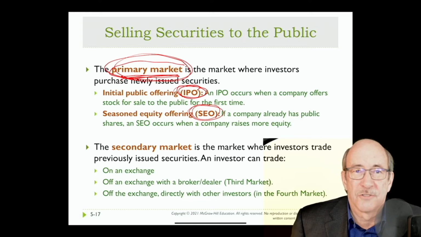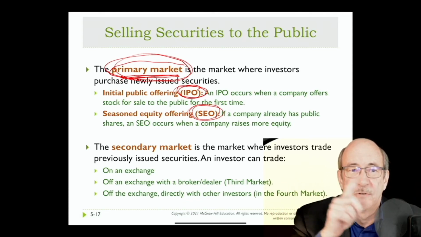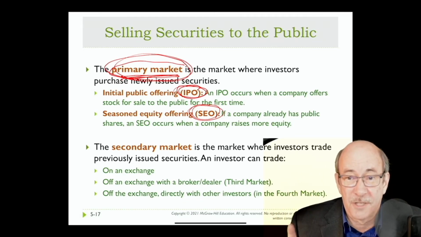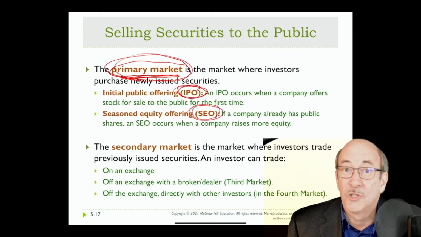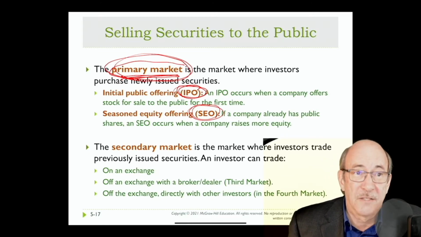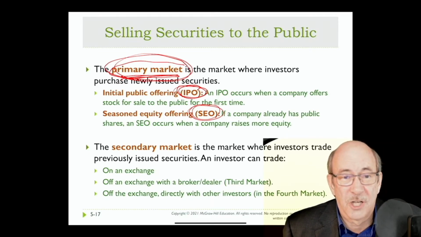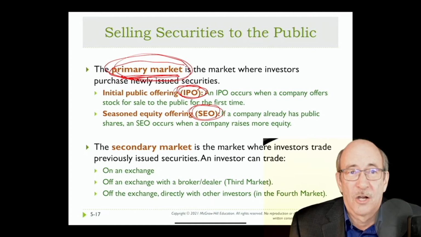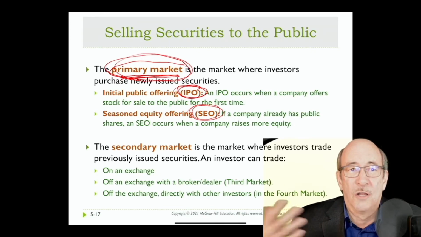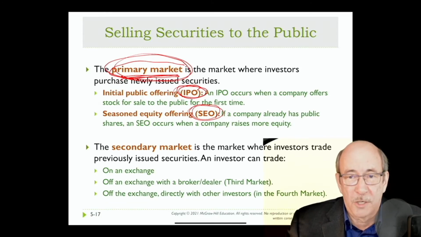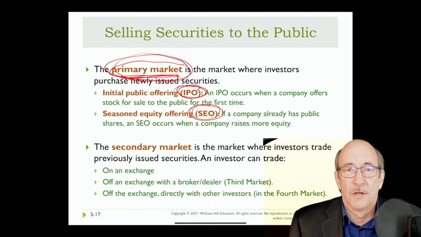If the dollars go from one investor to another, but not to the company itself, that's a secondary market transaction. So the NYSE, the NASDAQ, all the other regional exchanges, ARCA and everything, the international exchanges, all of those are secondary markets. So they're investor to investor.